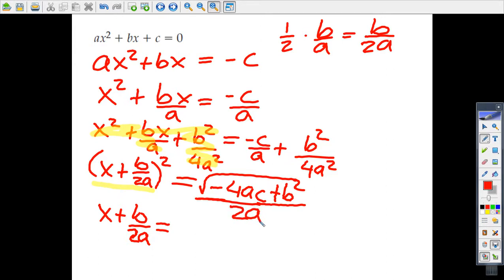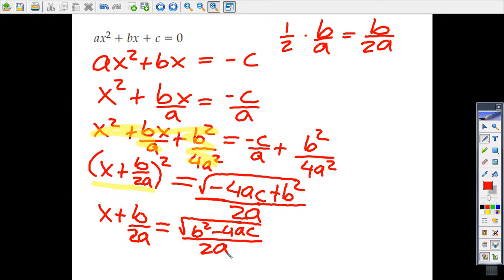Now, is the x alone? Almost. I just have to subtract the b over 2a, right? So this is the square root, and I'm just going to move these two terms around, switch them. b squared minus 4ac all over 2a.